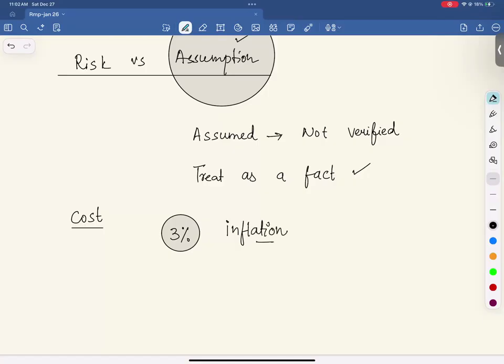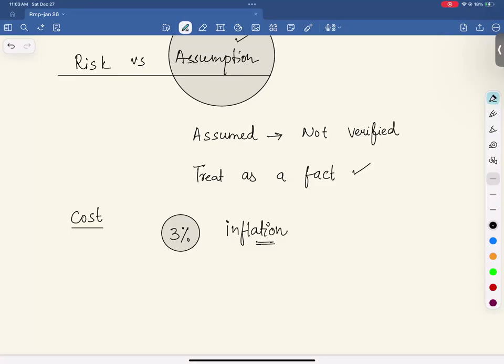Now, how is it different from a risk? If we take it as a risk, risk could be anything. It may be 3 or may not be 3. But when we are taking it as an assumption, we believe it will be 3%. Does it make sense? In risk, there is a chance of going up and down.